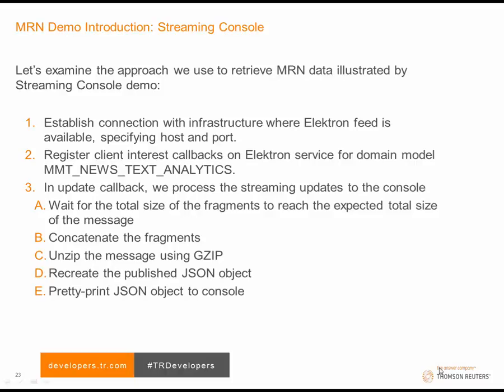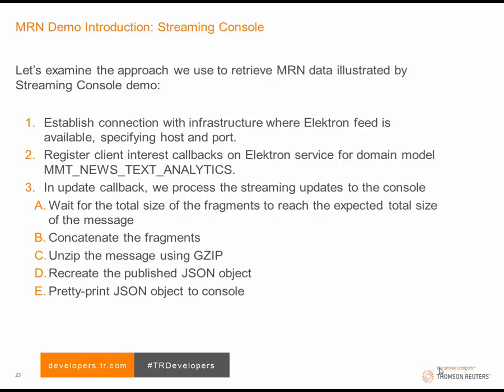First, we look at the streaming console. That is a simple, straightforward example that exemplifies the approach to retrieving MRN data. First, we establish connection with the infrastructure where Elektron feed is hosted by specifying host and port. We register client interest callbacks on Elektron service for domain model news text analytics. And in update callback is where we do the main processing.